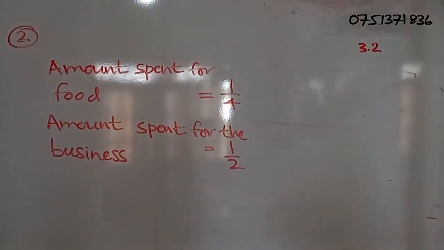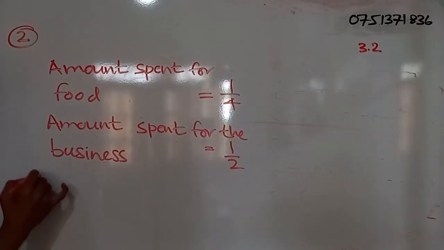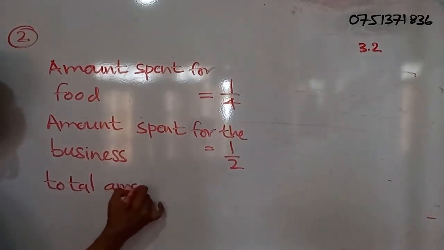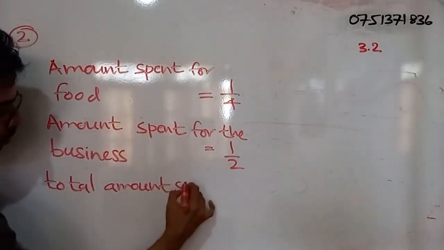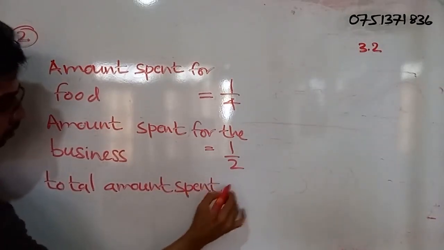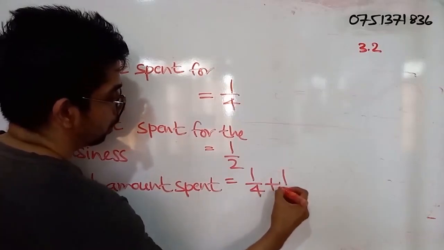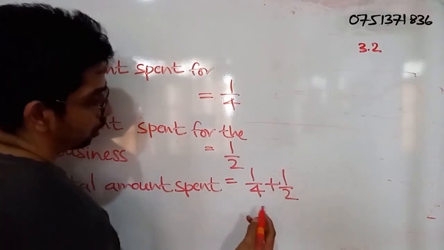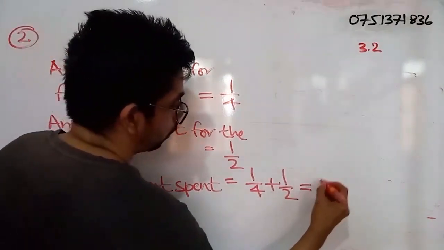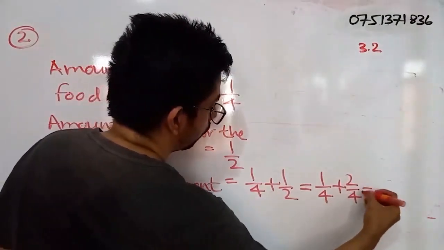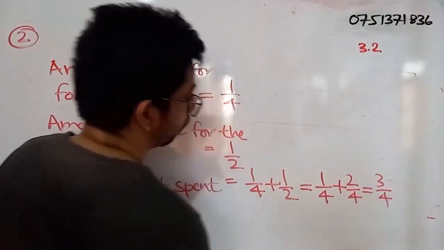Okay. Total amount spent. That means 1 by 4 plus 1 by 2, right? Equals 1 by 4 plus 2 by 4 equals 3 by 4.